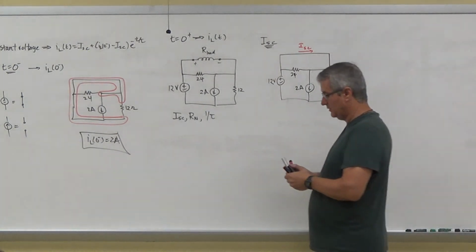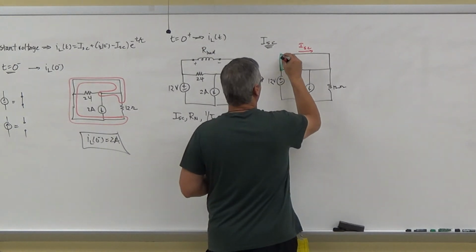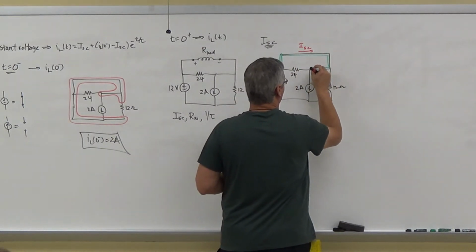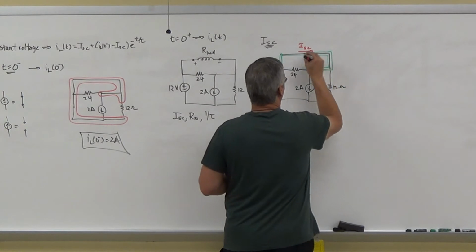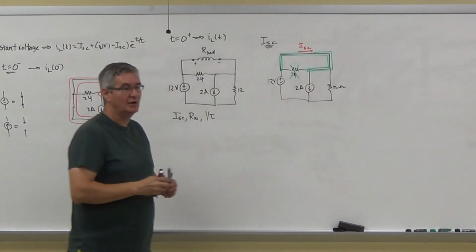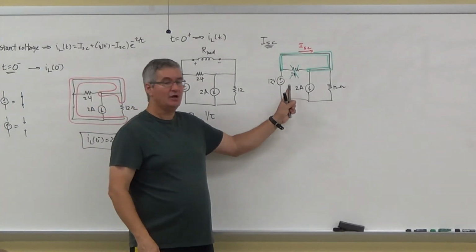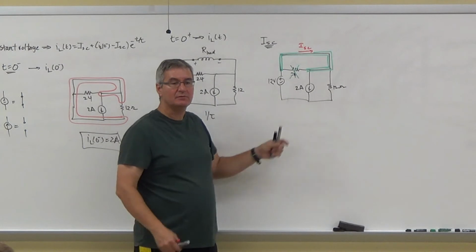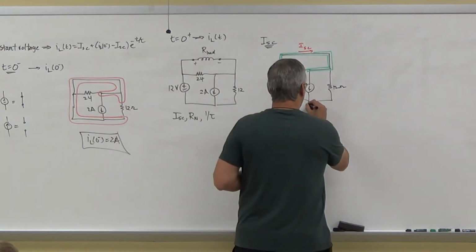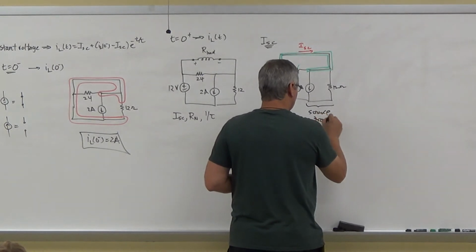Okay, so one more time here. I look at this node right here. And what we see here is that this guy is shorted out. So when I do the source transformation, note that I have a single loop here. Okay, so now I'm going to do a source transformation.